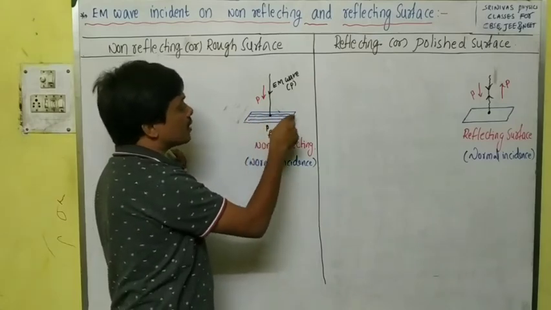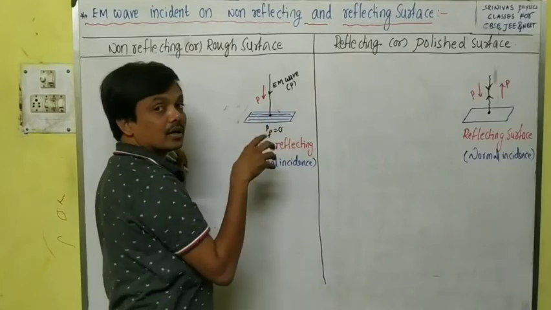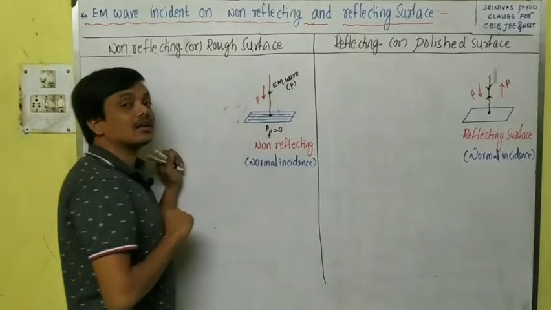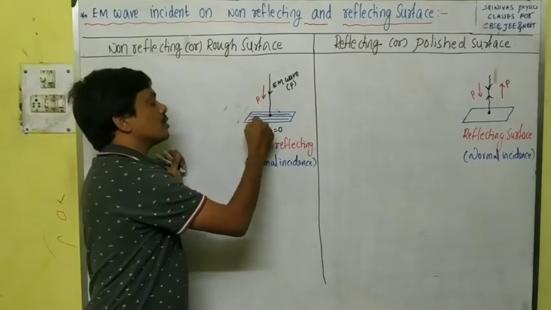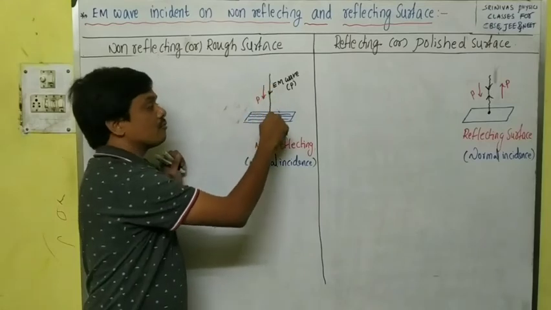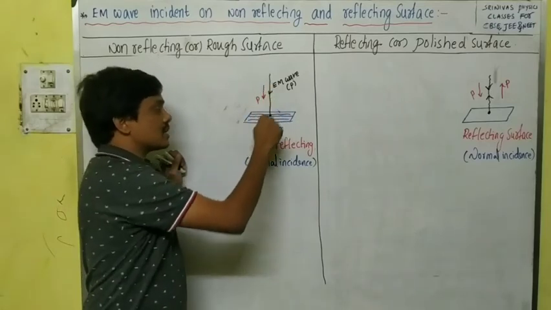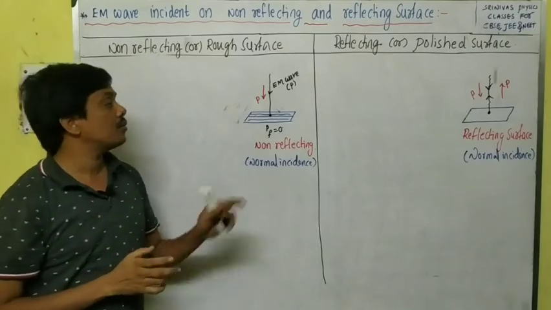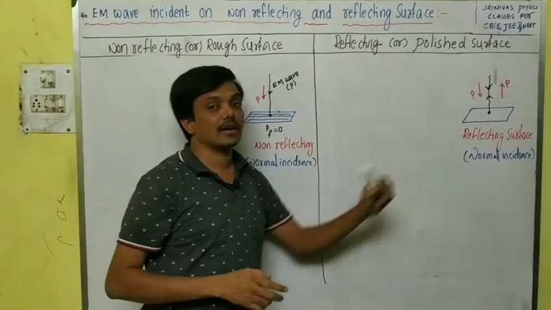Due to that change in momentum, some forces act on the surface. When the electromagnetic wave is incident on the surface, momentum is transferred to the surface, some force acts on the surface, and some pressure acts on the surface. All those formulas I am going to derive in the case of non-reflecting and reflecting surfaces.